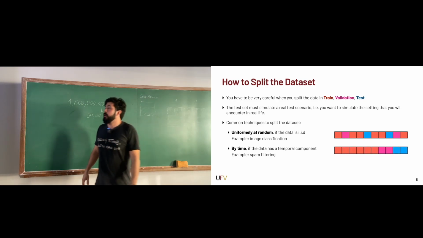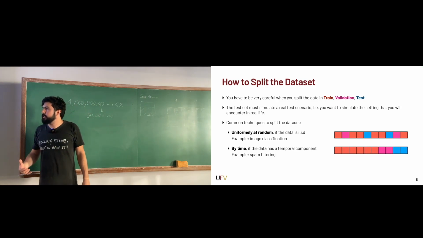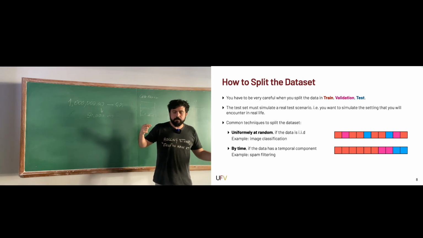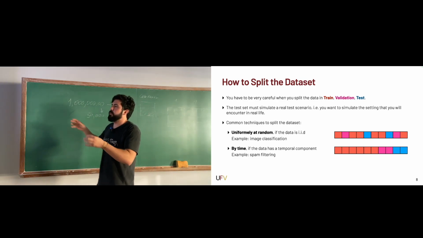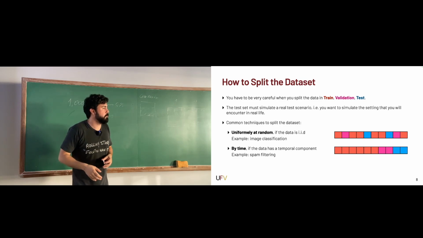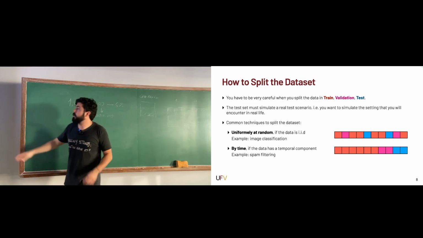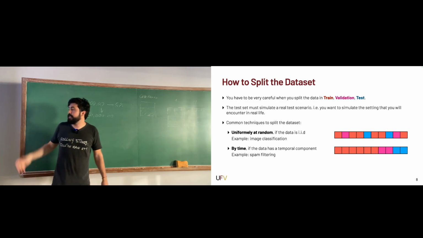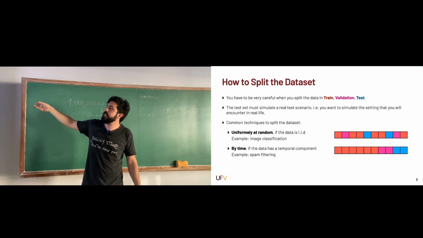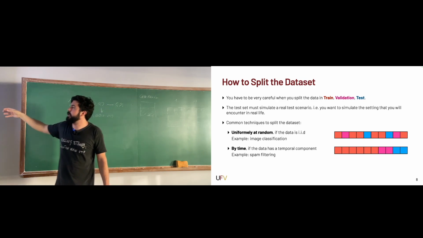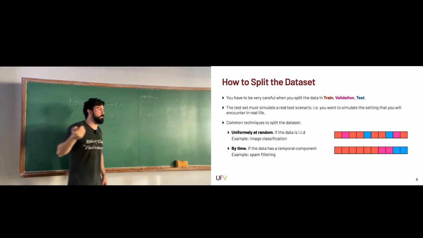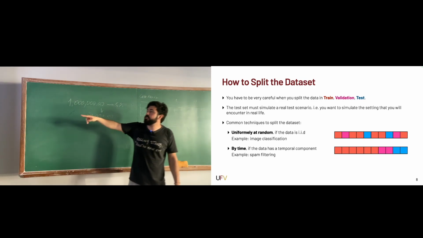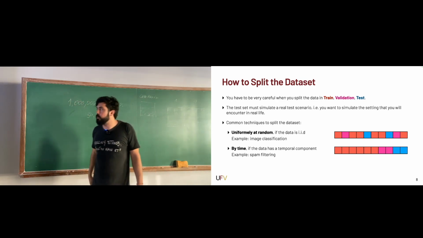But if your data has a temporal component, let's say in spam filtering, you have to split your data in time. Okay? So now consider that this spam filtering data set still has 10 data points. But the first 6 examples now are used for training, the next 2 for validation, and the last 2 for testing.